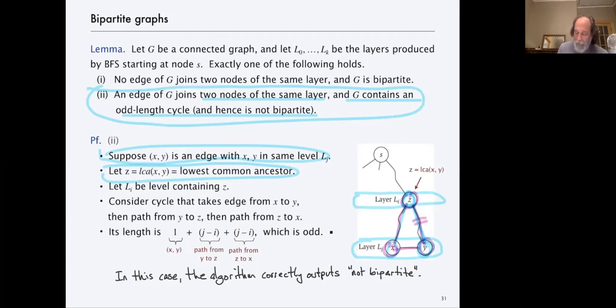Well, it's this distance plus this distance, 2i, plus this edge. So twice i is an even number, add this one, it's an odd number. So you have an odd length cycle. In this case, the algorithm correctly outputs not bipartite.